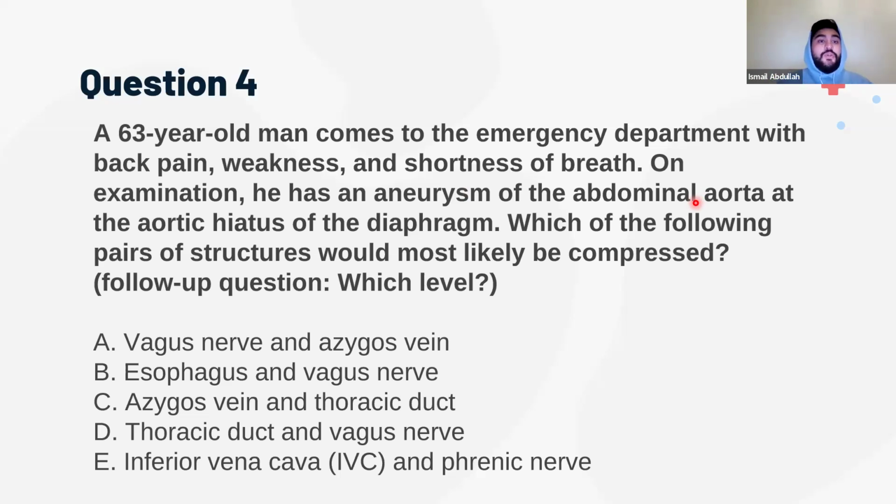The question here asks which pair of structures would most likely be compressed? And it also mentioned that it's at the aortic hiatus of the diaphragm. So what do you think the answer would be? Yeah, it's C. So it's the azygos vein and the thoracic duct. And at which level does the aortic hiatus open in the diaphragm?